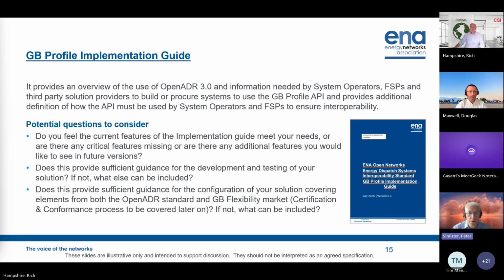The OpenADR is very broad. The technical spec narrows it down to specific payload items and things like that. But within that, it can then be narrowed down further. For instance, there are a number of different units that are supported. Partly that's for future expansion, as other flexibility products come along.